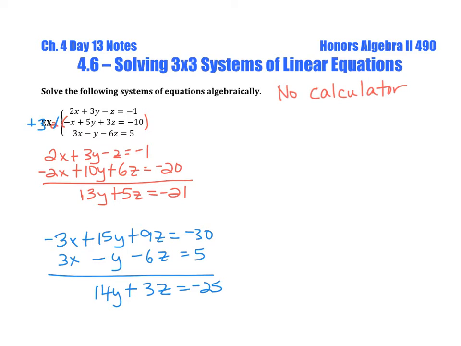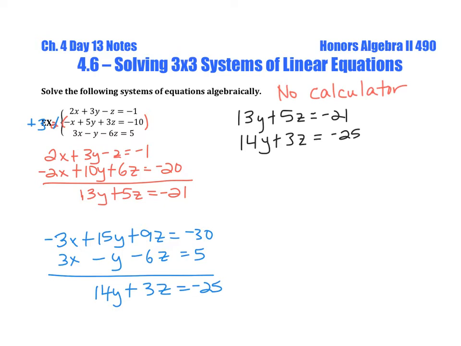So now what I'm going to do to continue making progress with this, I'm going to take the 2 resulting equations that I got. So 13y plus 5z is equal to -21, and then 14y plus 3z is equal to -25. And now we're down to 2 equations, 2 variables.